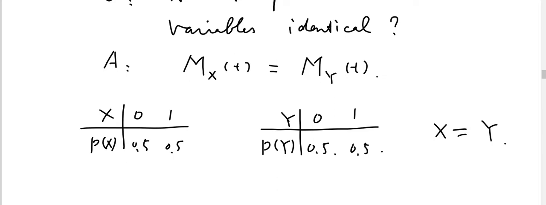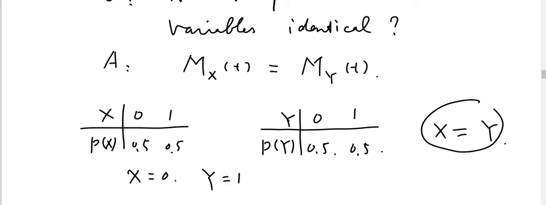But we cannot say X equals Y, because sometimes X is 0 and Y is 1, so X is not equal to Y, right? We just say X and Y follow the same distribution, or are identical.